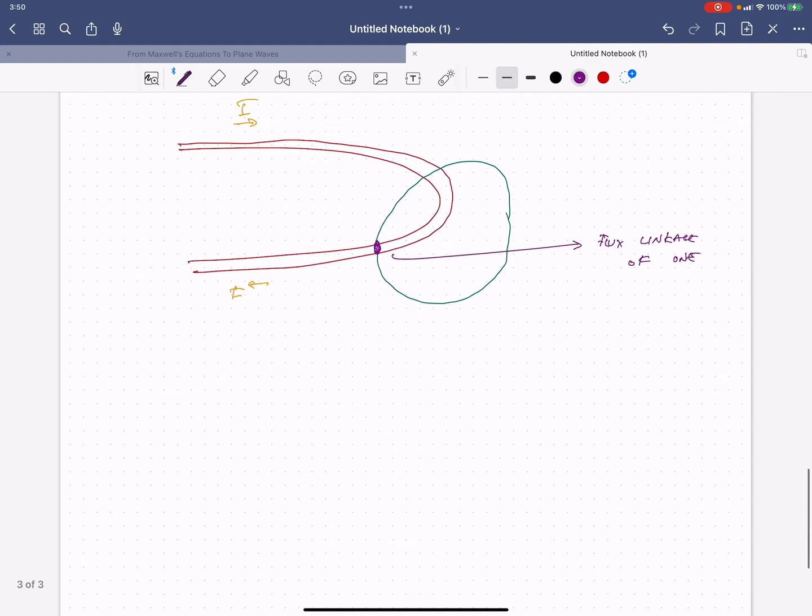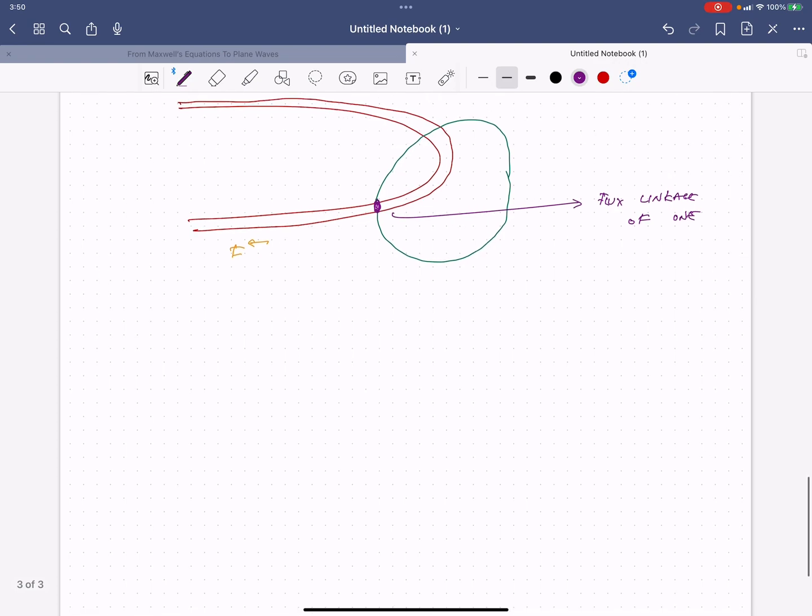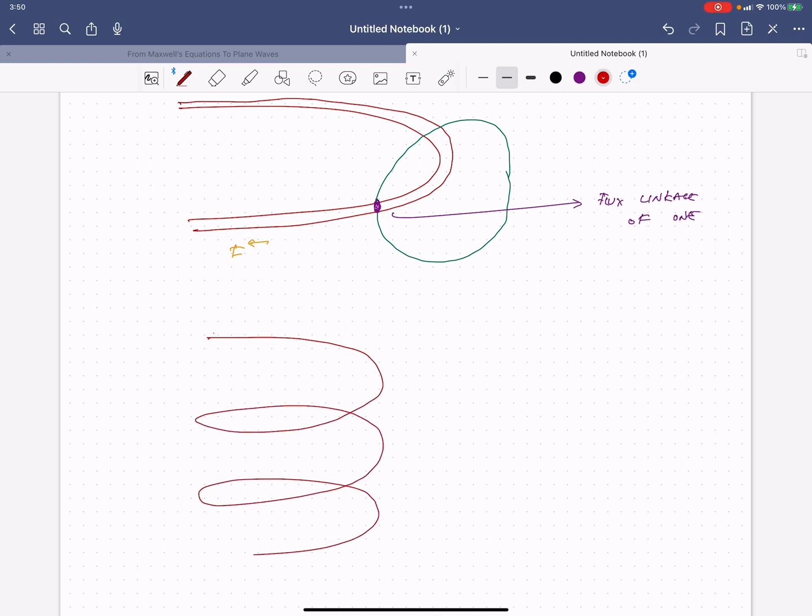Okay, now don't give up yet. Now let's look at a case where you have a wire loop, a coil. I'm going to try to draw a coil like that.